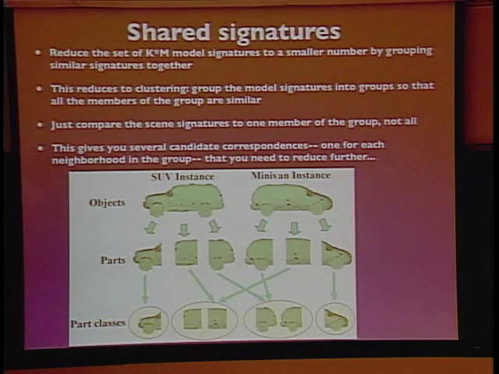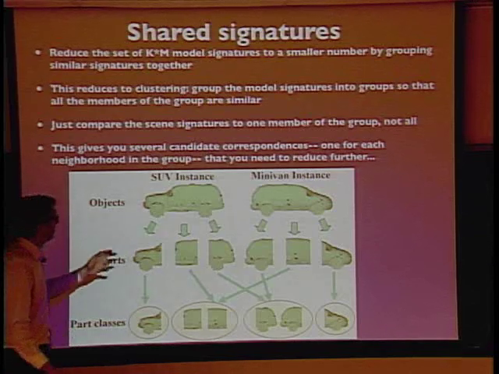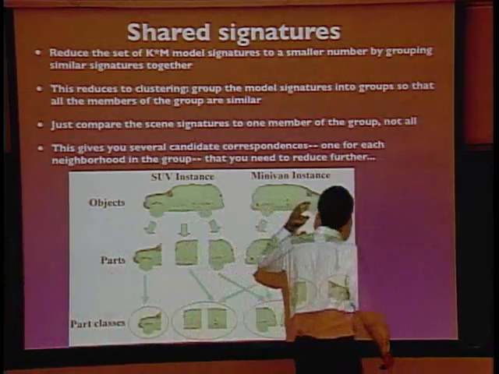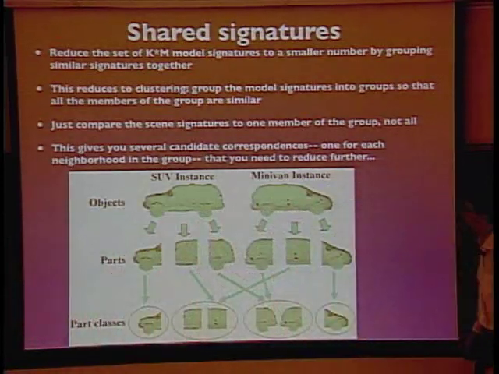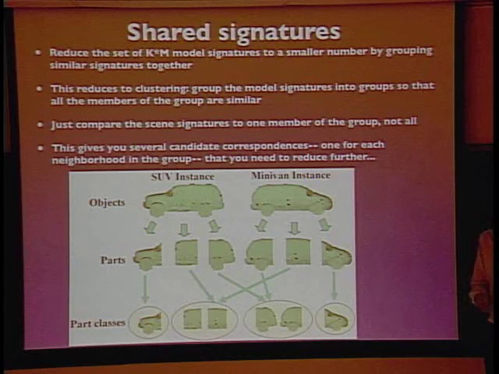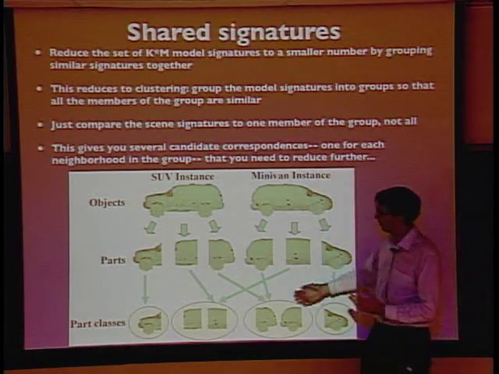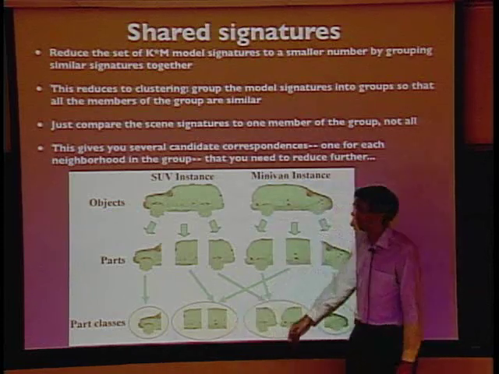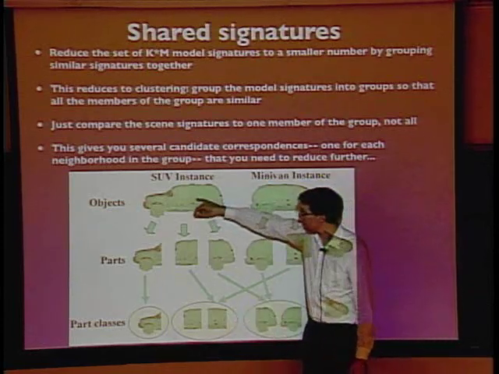But there's no reason to restrict yourself to that. Let's say it turns out that the middles of SUVs look similar to the middles of minivans. Then that's great. That means we get to compress the number of shape signatures that we store and think about even further. We can just have a set of middles that include both minivans and SUVs in them.